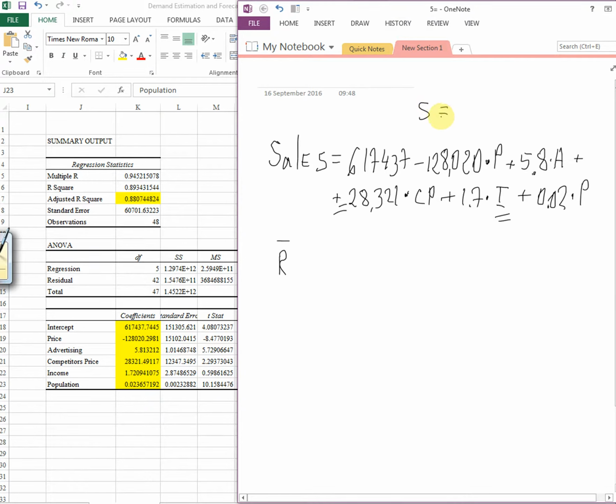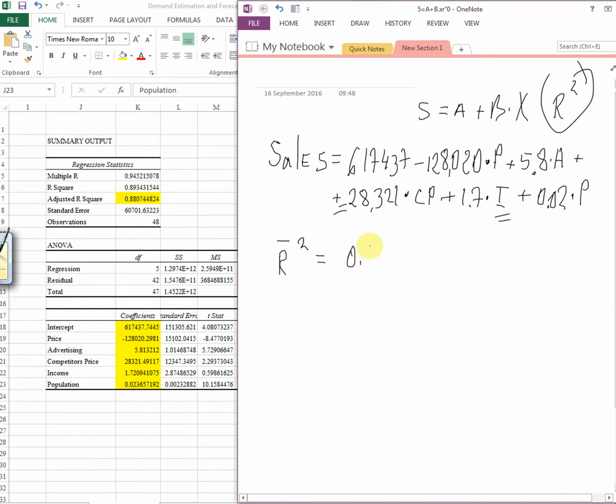So if the regression was S equals a plus b times X, with only one regressor in the model regressed on sales, then we could use the R squared to interpret goodness of fit. But because we're using multiple factors, price, advertising, competitive price, income, and population, we will be using the adjusted R squared.